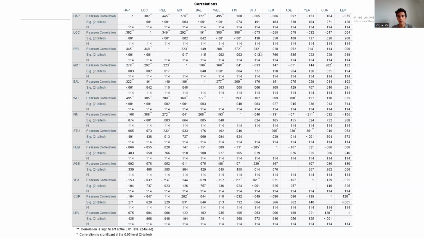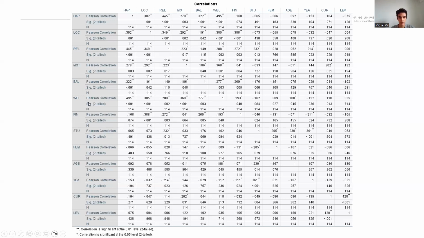Then another interesting thing that you can find: if you are a current student, the relationship that you have is not positive. So being a student, it seems, is negative for relationships.